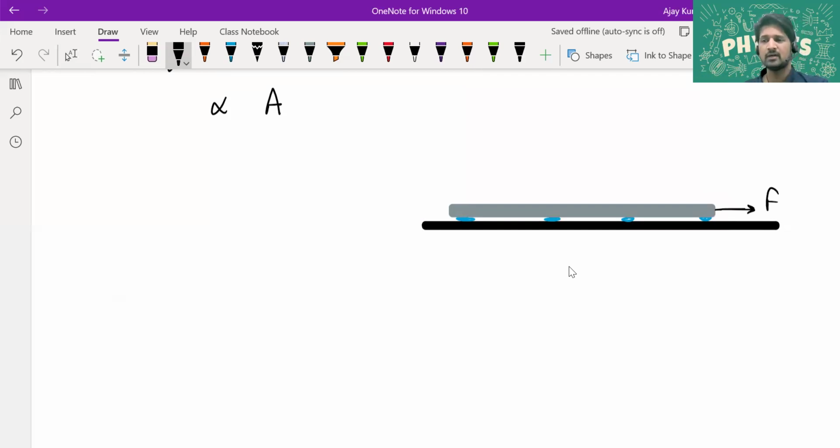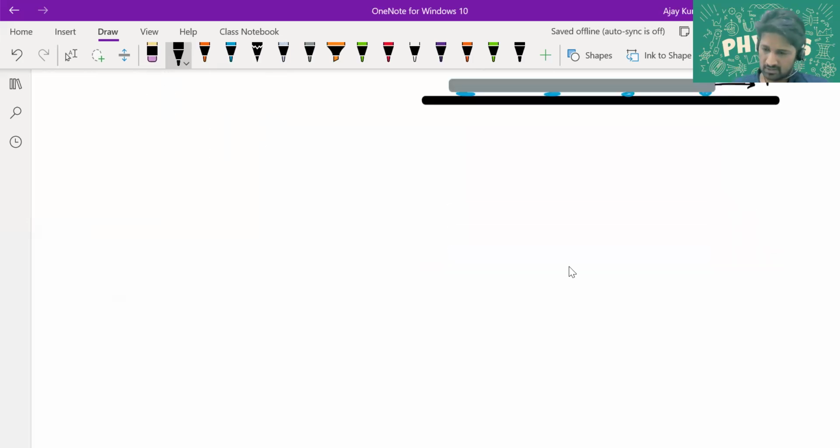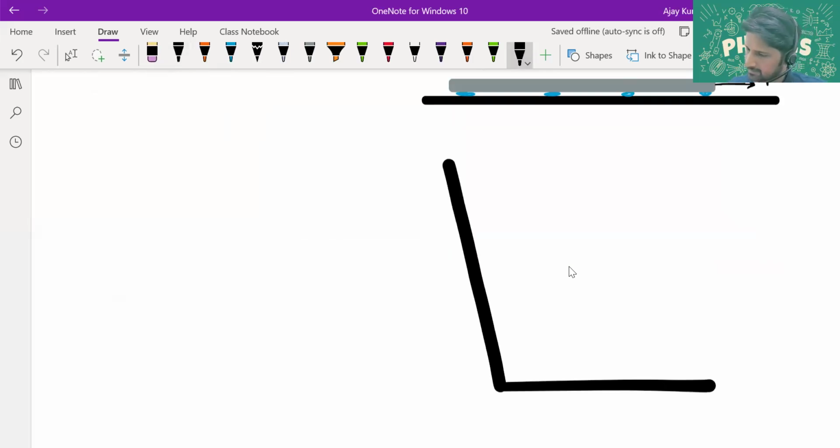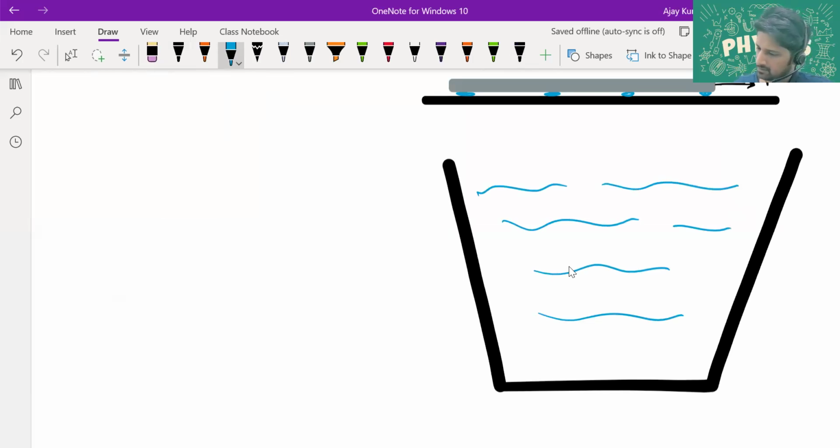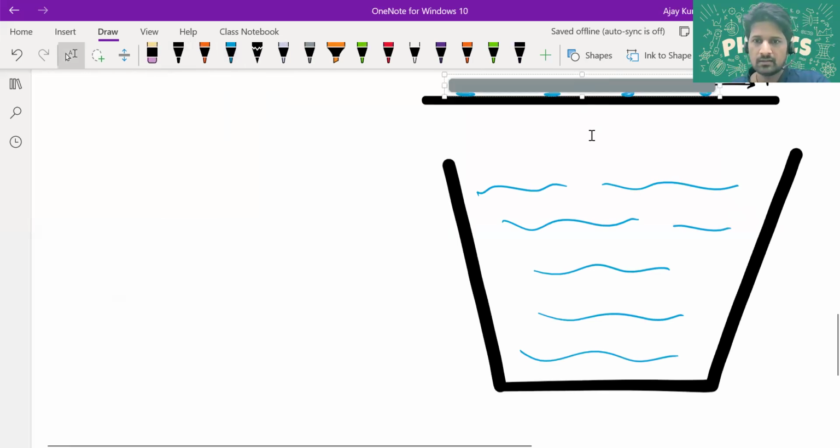Basically, what is happening there is that viscous force is preventing the sliding of that sheet. Now, the same thing if you try in a bucket of water. Assume there is a large container of water like this. You put that plastic sheet or polythene sheet on this water, and you try to drag it.